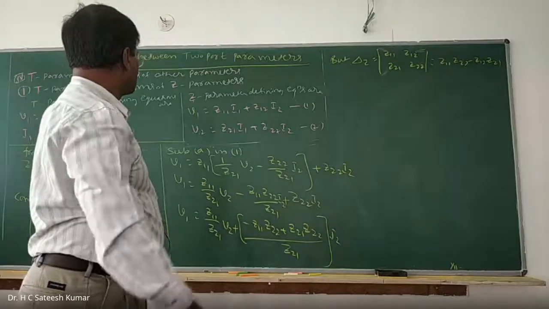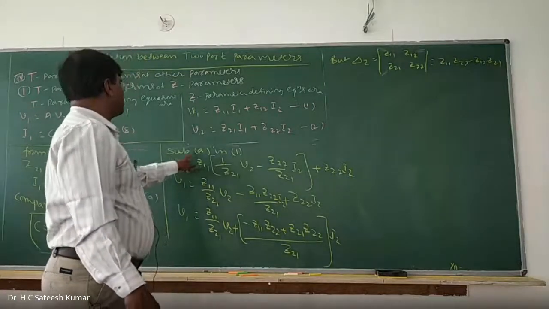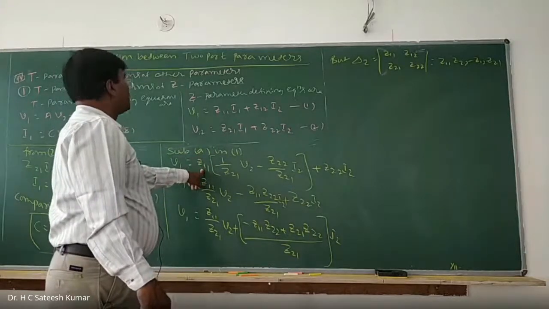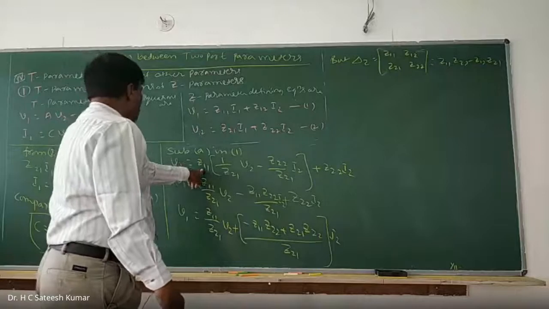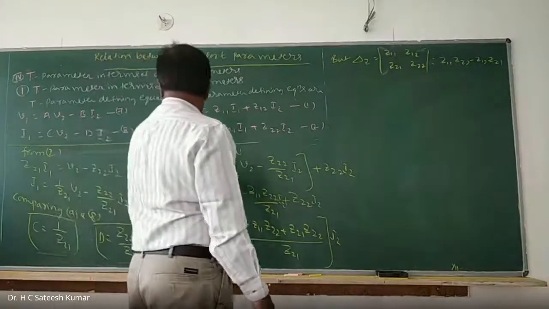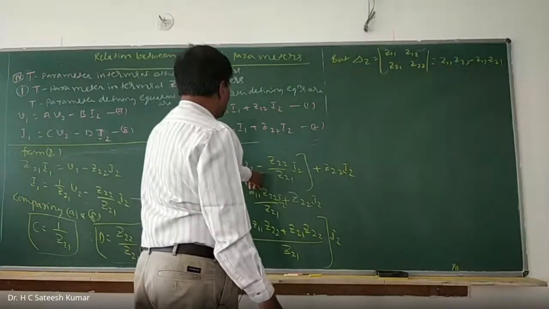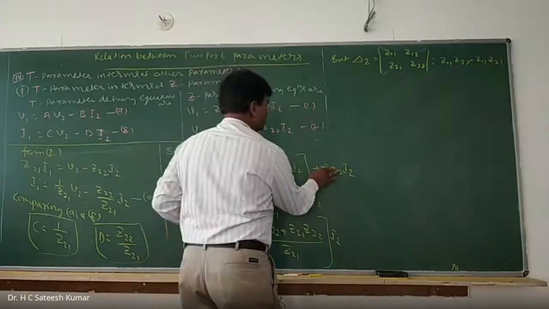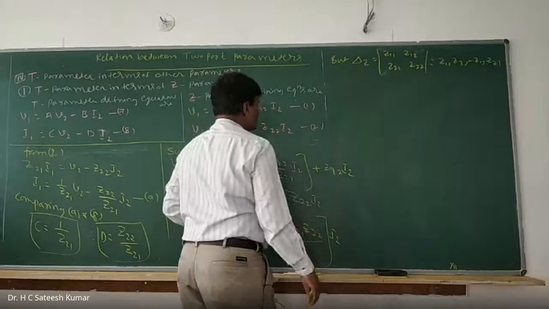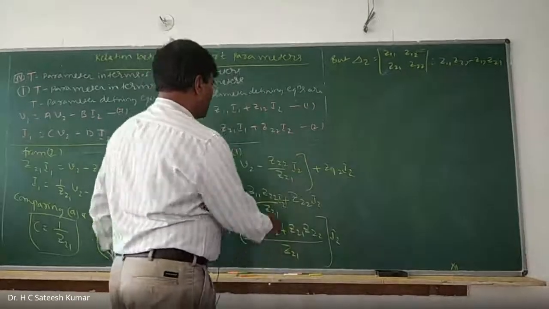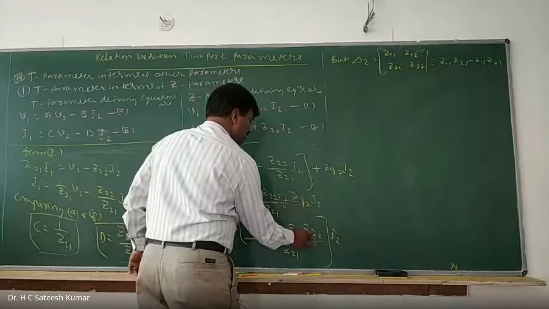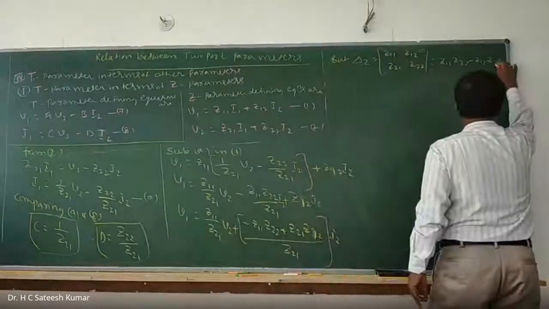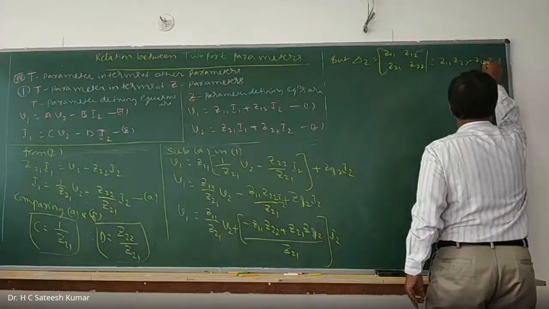Okay, substituting A in 1. Substituting A in 1 means Z11 into I1. I1 is what? 1 by Z21 into V2 minus Z22 divided by Z21 into I2 plus Z12 into I2. Therefore, this is Z12. Therefore, Z12 into Z21 is correct.